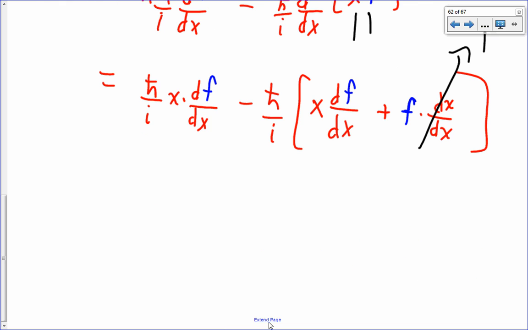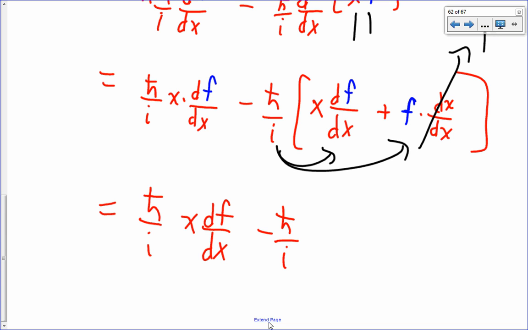Okay, and what do we have now? So this is equal to h bar over i x times df dx minus h bar over i, so I'm going to distribute this, times x df dx plus negative h bar over i times f.